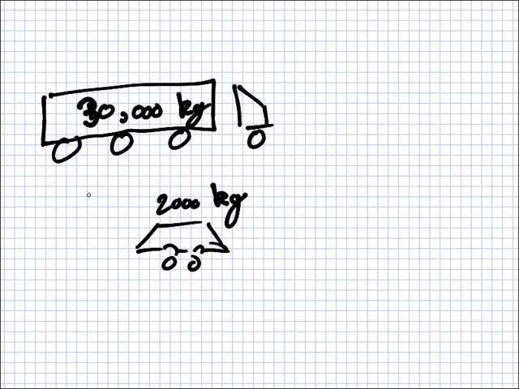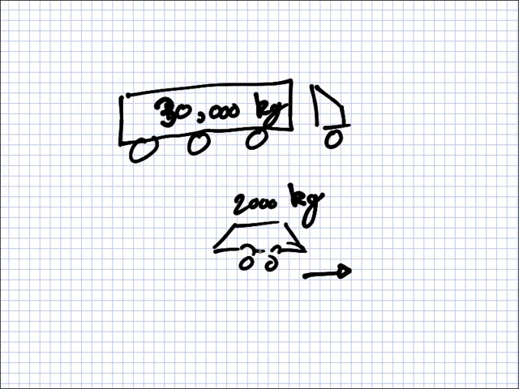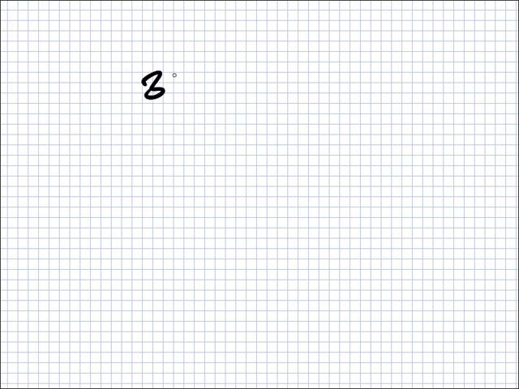Yeah. So let's say this car is going. What would be 30 kilometers per hour in meters per second? That'd be 30 over 3600. What's that? 8.3?